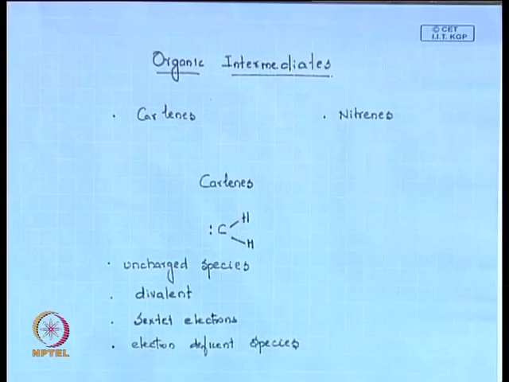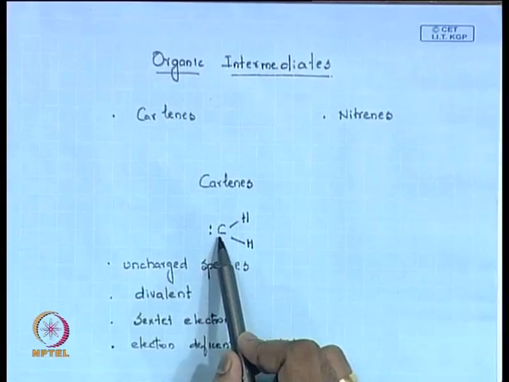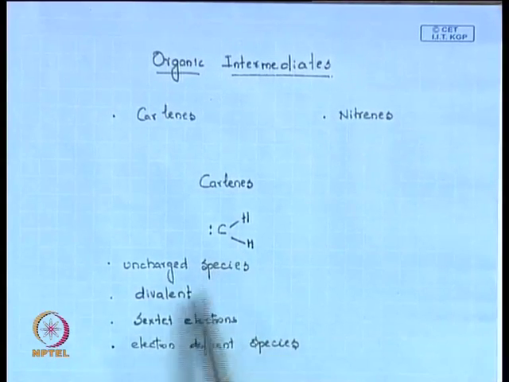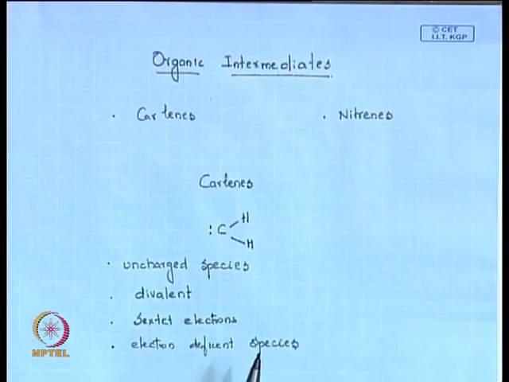Just refreshing what you studied earlier: in carbenes the central carbon atom is neutral, so it is an uncharged species, it is divalent, and the central carbon is surrounded by 6 electrons, a sextet, so it is an electron deficient species.